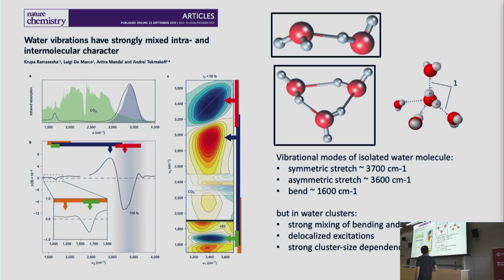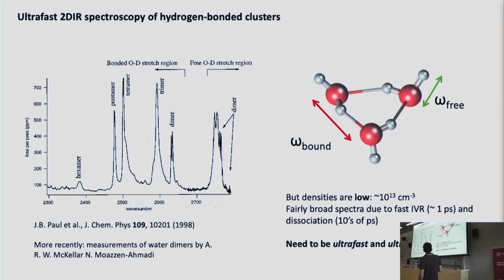And definitely, if you wanted to very precisely understand what is going on in this system, you would like to see what happens in dimers, in trimers, in tetramers, pentamers, hexamers, but separately, not all at the same time. So people have been doing spectroscopy in the gas phase. Saykally's group in 1998 measured this CRDS spectrum of small water clusters.